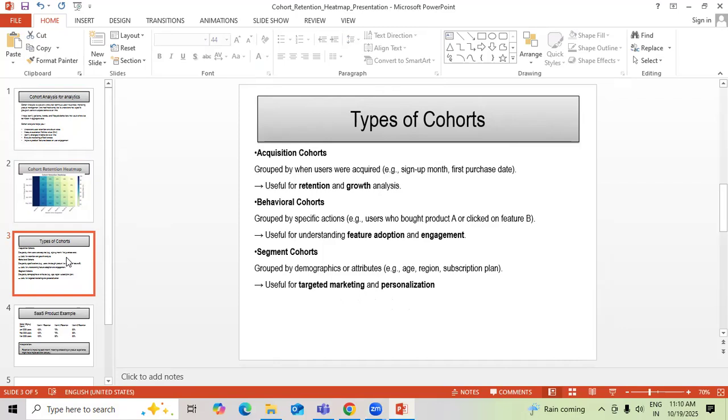So under cohort analysis, these are the three different types. Acquisition cohorts are majorly used for user retention and business growth. Behavior cohorts are used for understanding feature adoption and engagement. Segmentation cohorts are used for targeted marketing and personalization.